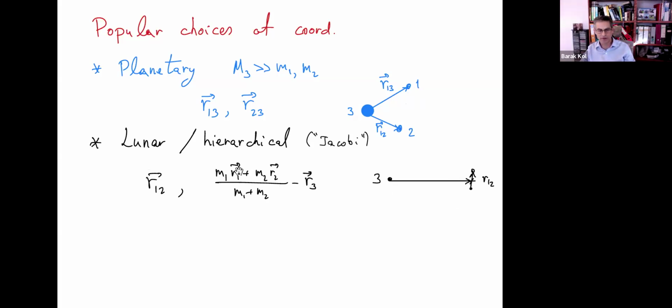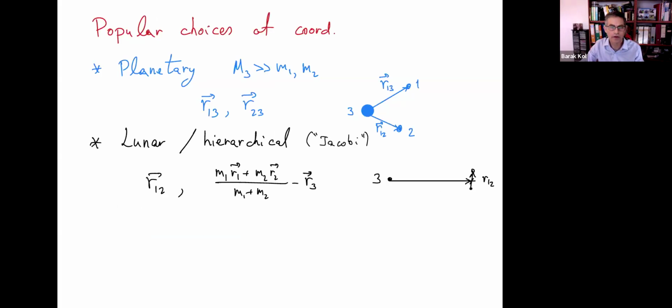So that's the center of mass of 1 and 2 minus R3. In this way, we choose 2 out of 3. But again, this assumes a hierarchy of scale, in the previous case a hierarchy of masses, and it would not be justified in a general case. So how can we do that in a non-hierarchical, symmetrical case?